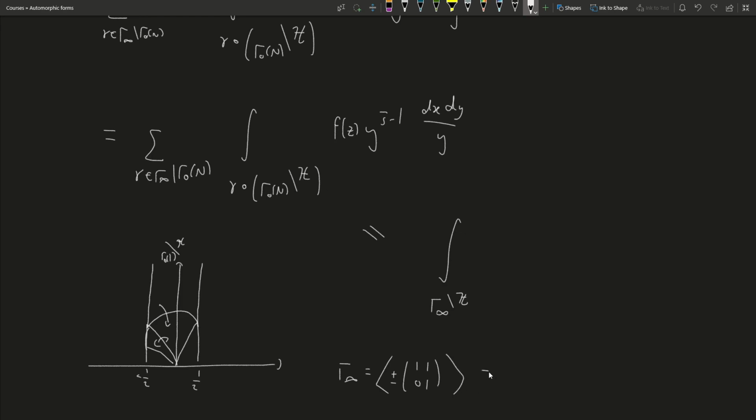And explicitly, this is the set plus-minus of the matrices (1 m; 0 1) for m ranging over the integers. So you get this quotient, and then you still have your same integrand.